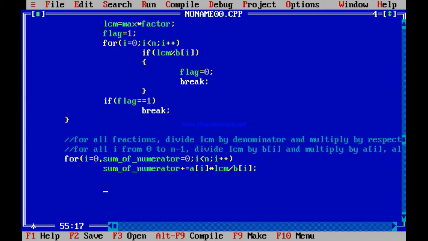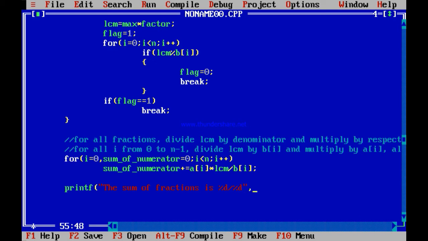Once you have got that, you can print it to get the final sum of fractions. What will be the numerator? Numerator will be the sum of numerator variable. What will be the denominator? Denominator will be the LCM variable. So printf, the sum of fractions is %d, that is the numerator, by %d, the denominator.